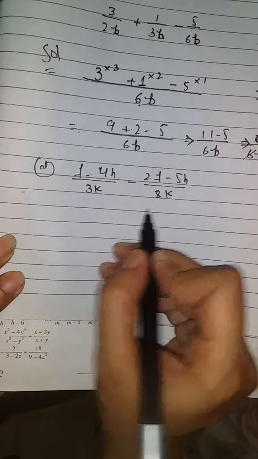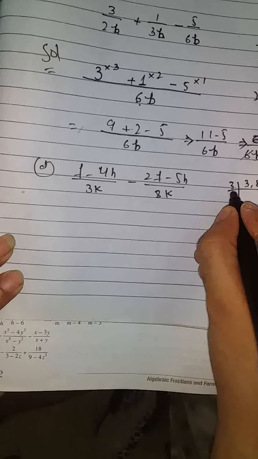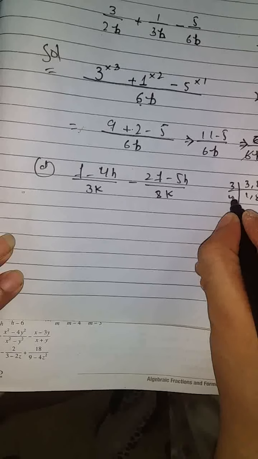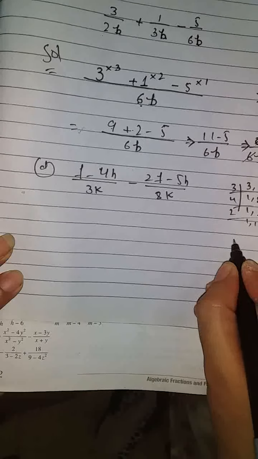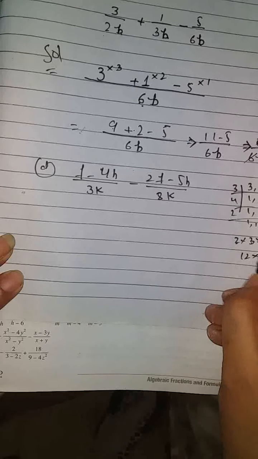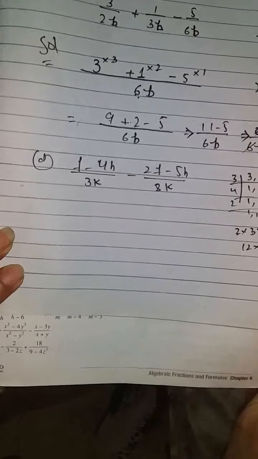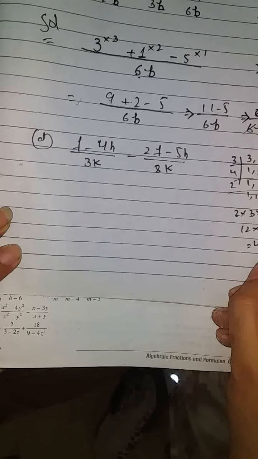Now we take the LCM of 3 and 8, then we get 3 and 8. 3 ones are 3, 8 as it is, 4 twos are 8 and 2 ones are 2. 2 multiplied by 3 multiplied by 4, 3 fours are 12, multiplied by 4, 12 fours are 48.